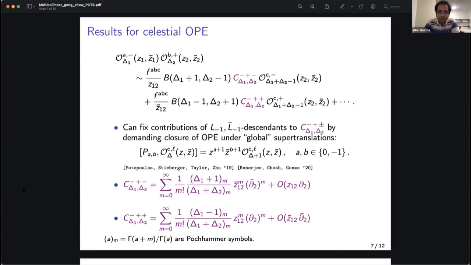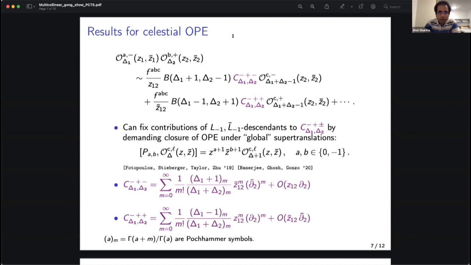So just quickly, here are some results for the celestial OPE coefficients that we found. We restricted our analysis to finding OPE coefficients of conformal descendants, which can be recursively constructed using a procedure developed by Banerjee, Ghosh, and Gonzo before us, by using just the supertranslation. By global supertranslation, I just mean the Poincaré translations.